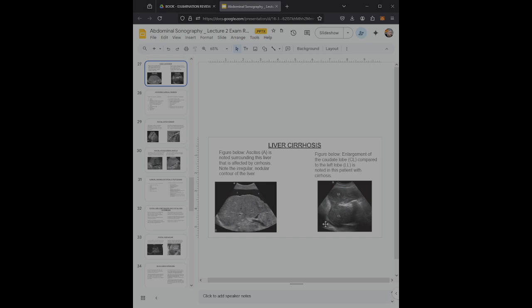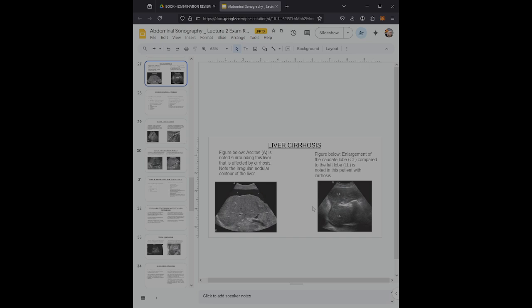So sonographic findings of cirrhosis include an echogenic small right lobe, an enlarged caudate lobe, you can see an enlarged caudate lobe here, and an enlarged left lobe of the liver. The nodular surface, this nodular surface, appears with irregularity and coarse echotexture. There is ascites.